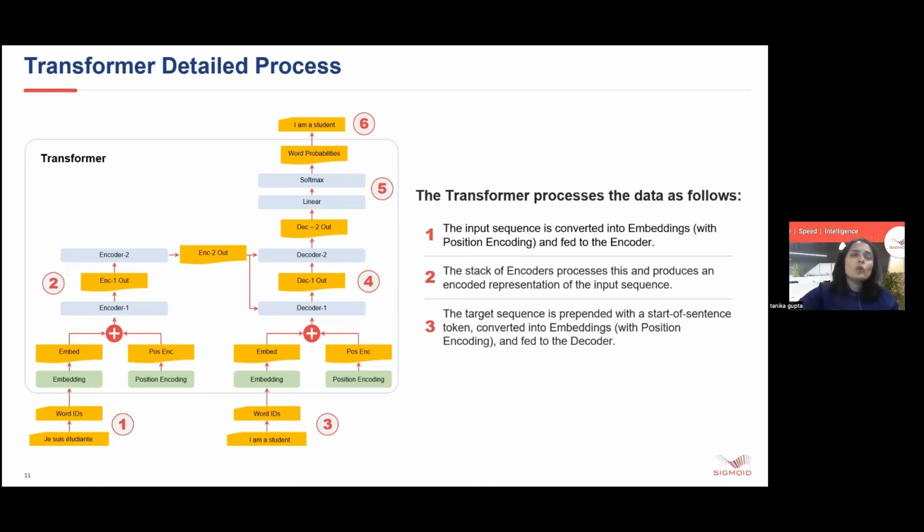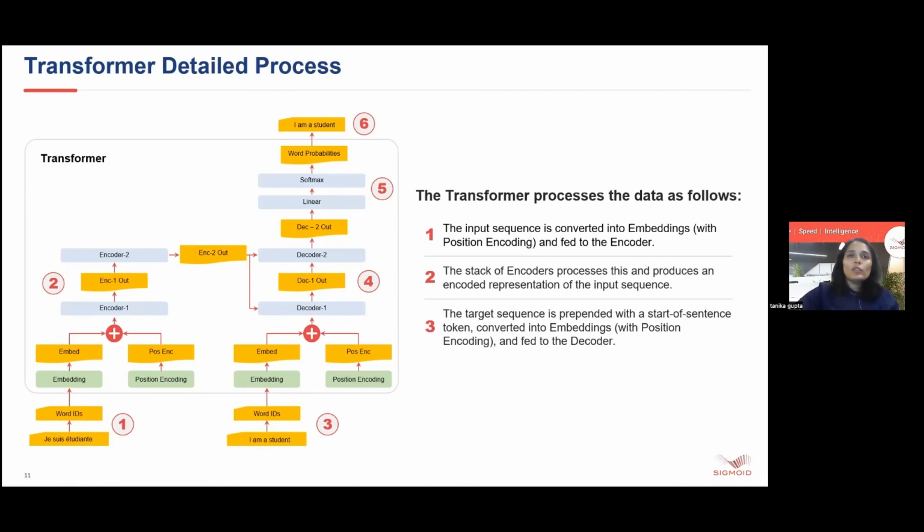In the encoder, we have a stack of encoders which take this and produce an encoded representation, which then goes into your decoder. In the decoder, the target sequence is prepended with a start of sentence token and then converted into an embedding using word embedding along with the positional encoding, and fed into the decoder.